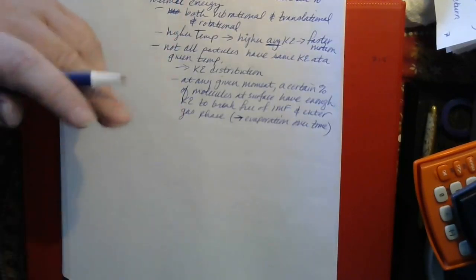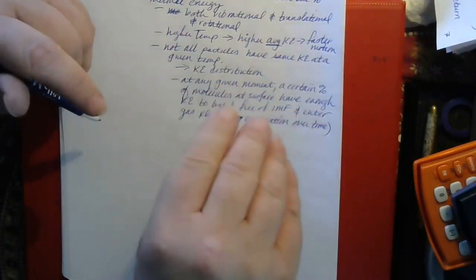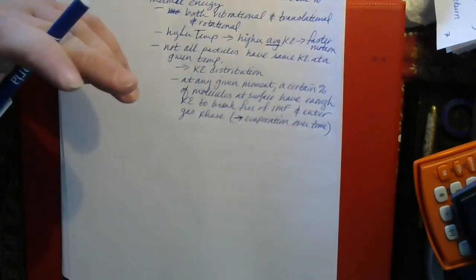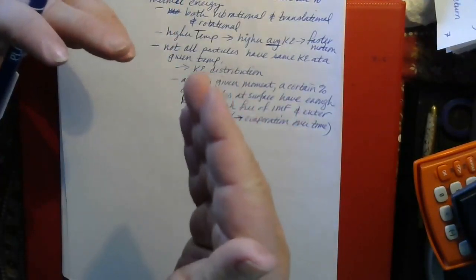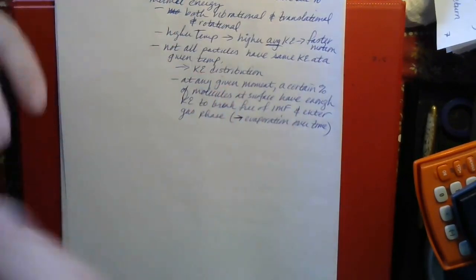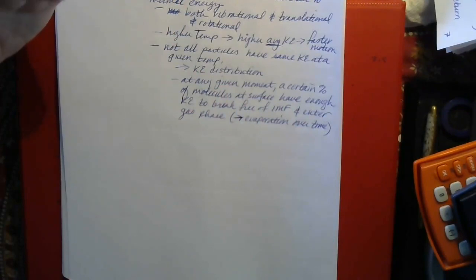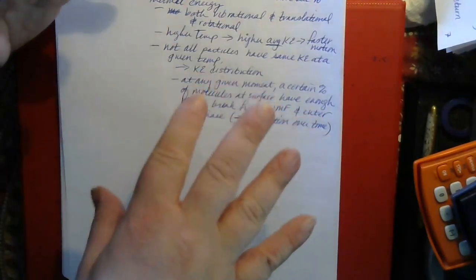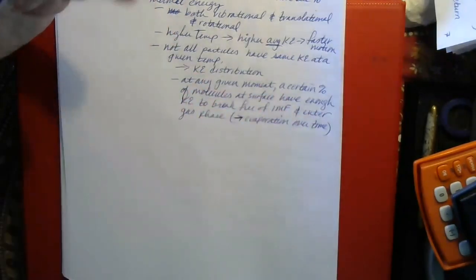So you take your original glass of water, and those 10% of the molecules that have enough energy to break free and go off into the gas phase, they evaporate. So they're gone. You might think the other 90% of the water is just going to stay there because those molecules don't have enough energy.